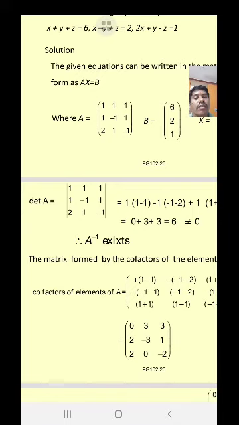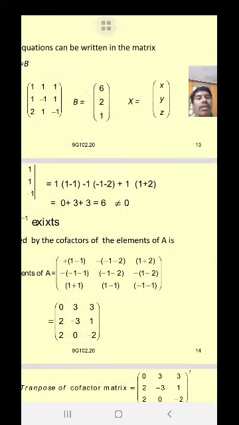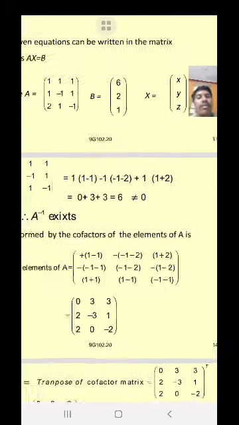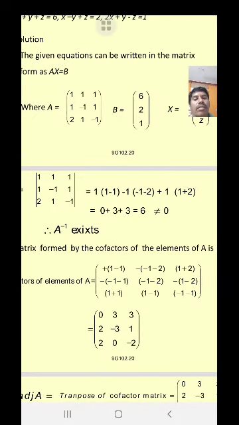So expanding the determinant of A by the first row, for the second element, minus 1 into the determinant where the second element's row and column are removed. We have four elements, 1 1, 2 minus 1, and their determinant is AD minus BC, that is minus 1 minus 2, kept in a bracket.